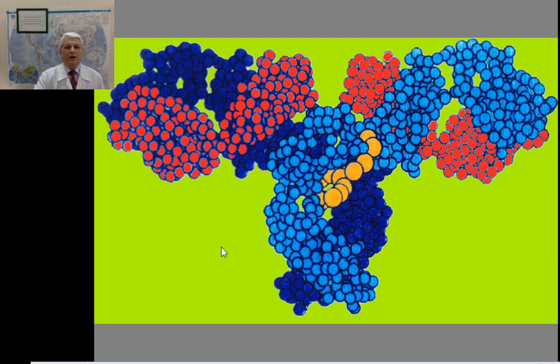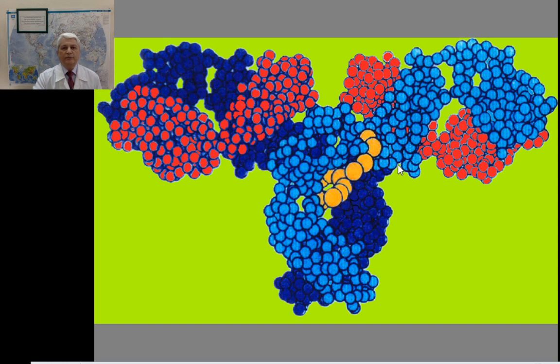This molecule consists of 4 different chains: 2 heavy chains, one light blue, the second dark blue, and 2 light chains, red, one on the left side and the second on the right side. Don't write this information now, because later I shall show you a simpler scheme of the structure of immunoglobulin, and you will copy it in your notebooks.